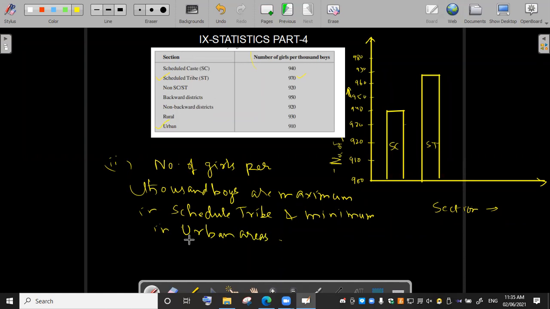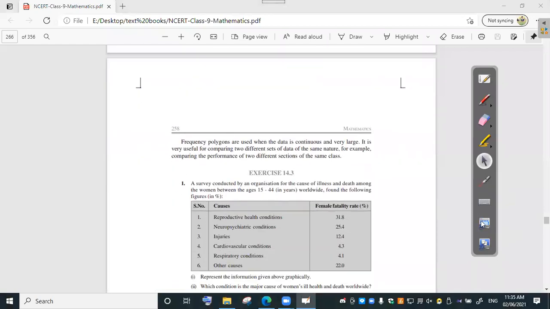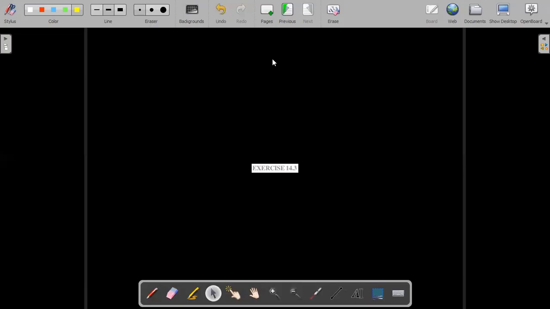Okay, so like this we have the bar graph. Now we have the histogram. The next question is from the histogram, same exercise 14.3. Now we have to draw the histogram.